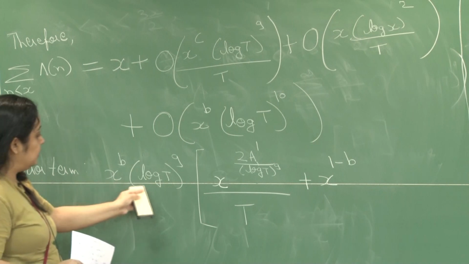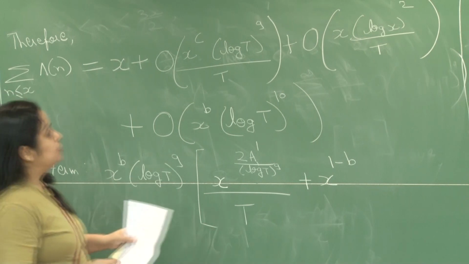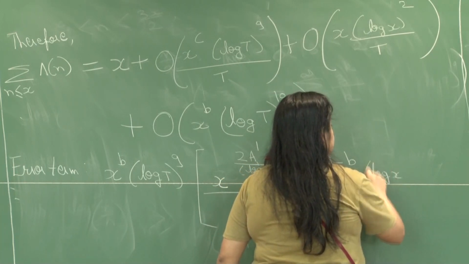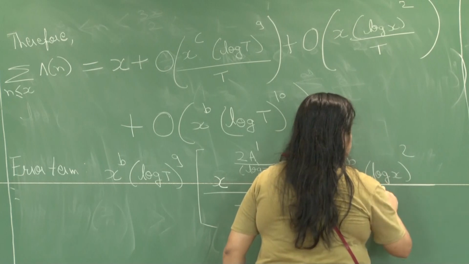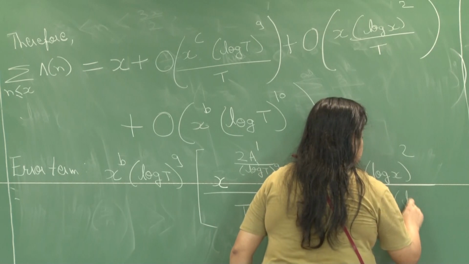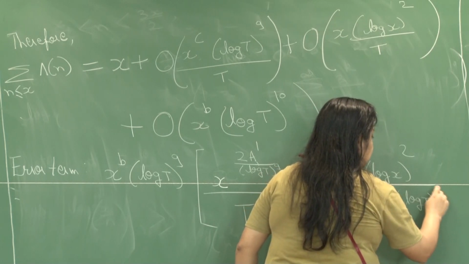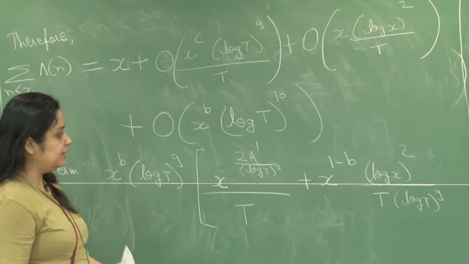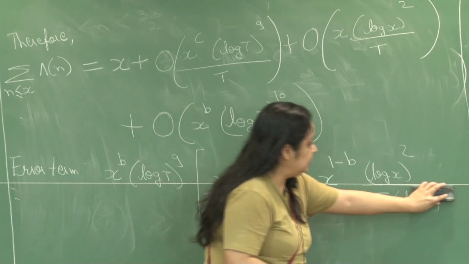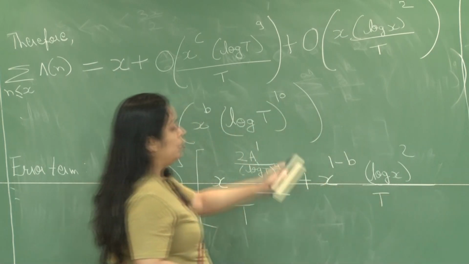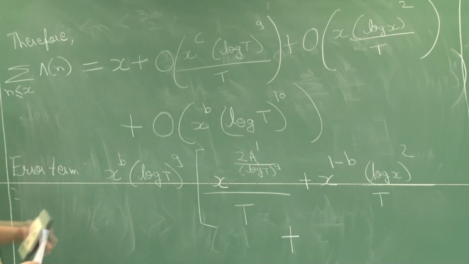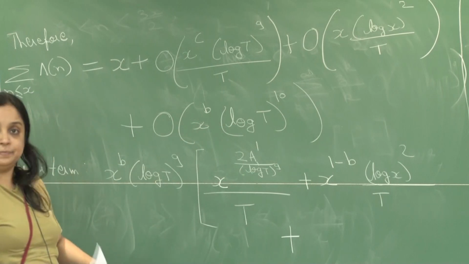There is an extra log T raised to the 9 in the denominator, but since this is in the denominator, we can certainly bound this by (log x) square over T, plus what are you left with in the last bit? Just log of T.